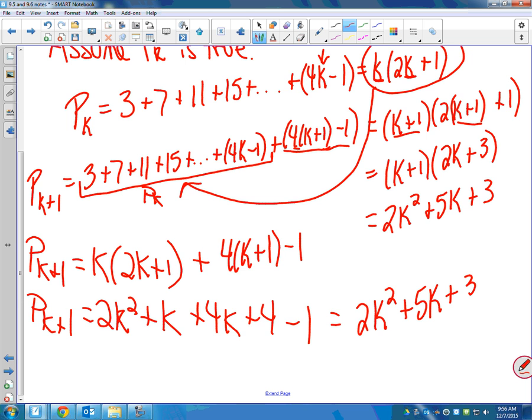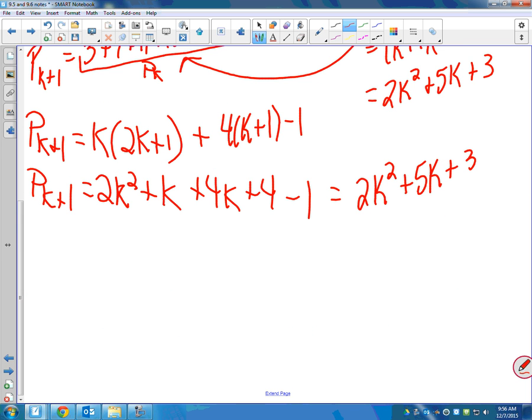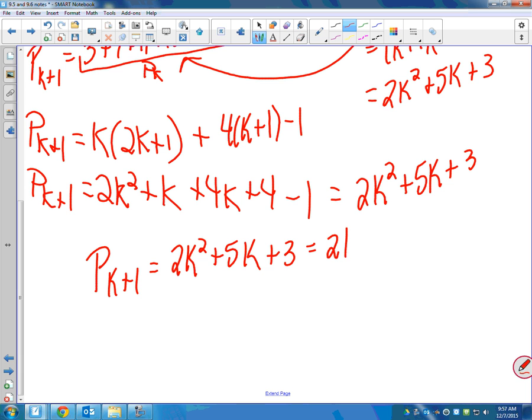And this is the part that I get really happy at because I can see they equal the same thing. So p sub k plus 1 equals 2k squared plus 5k plus 3. That was the pattern part, the plus plus plus. And it equals 2k squared plus 5k plus 3.